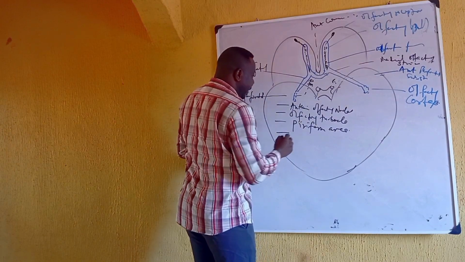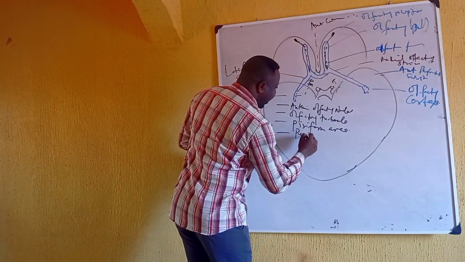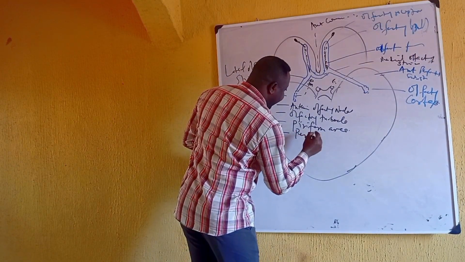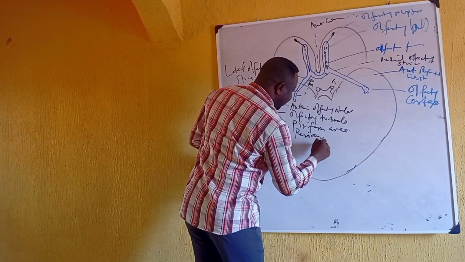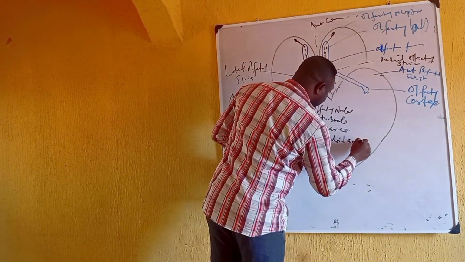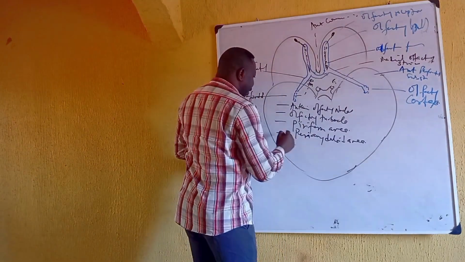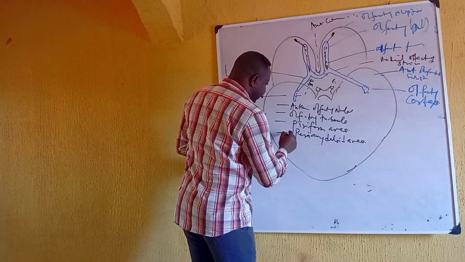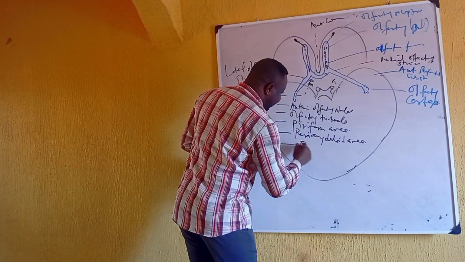We have the periamygdaloid region or area, periamygdaloid. And then we also have an area that is called the entorhinal cortex.